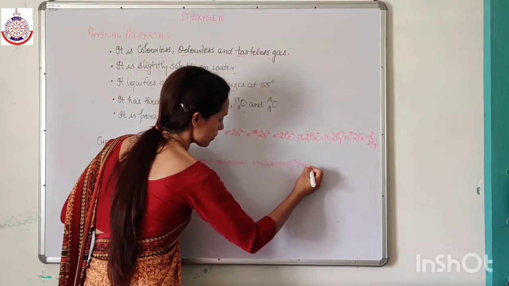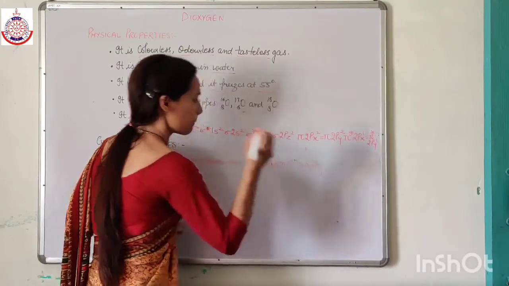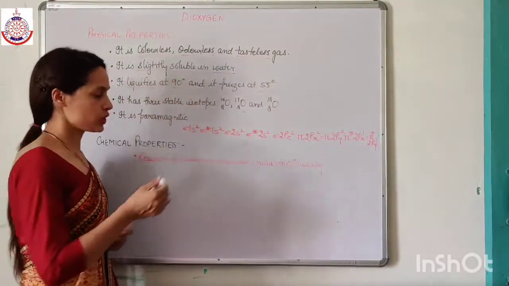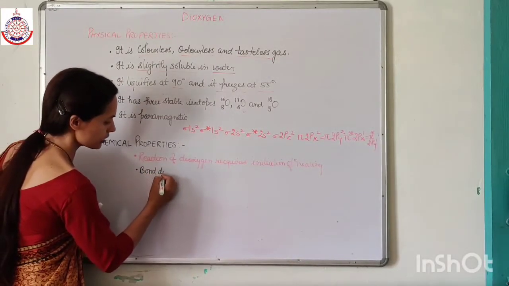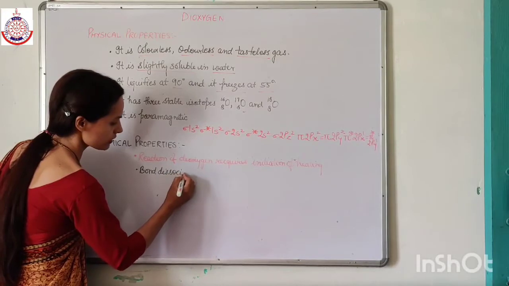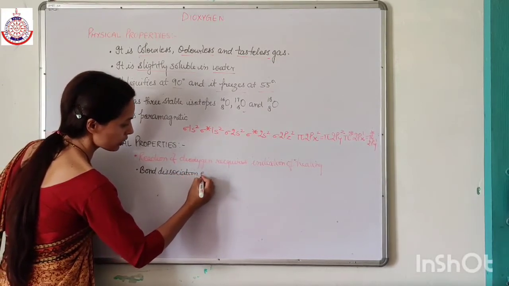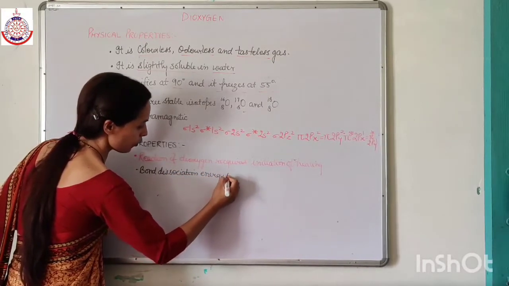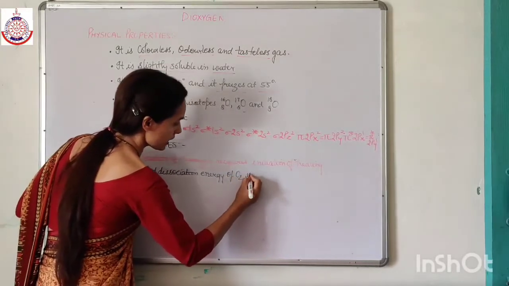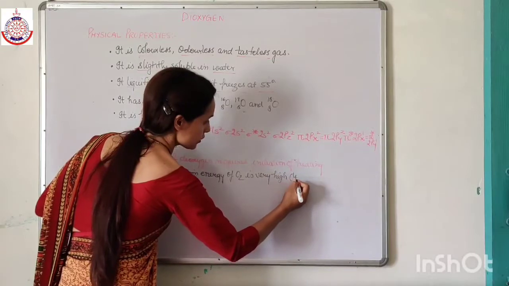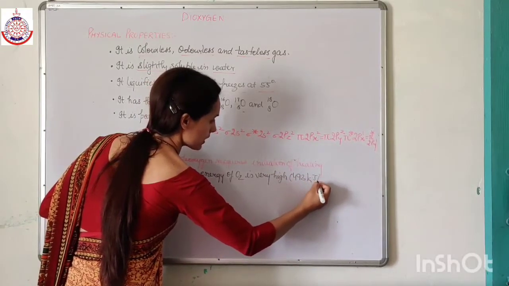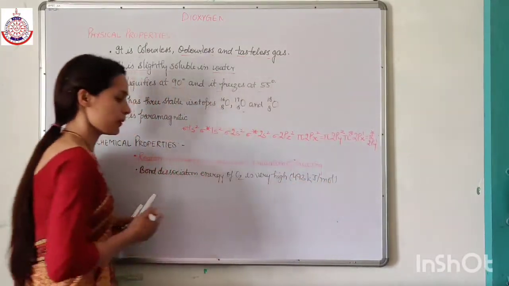Why? Because the bond dissociation energy of dioxygen is very high, nearly 493 kilojoule per mole.